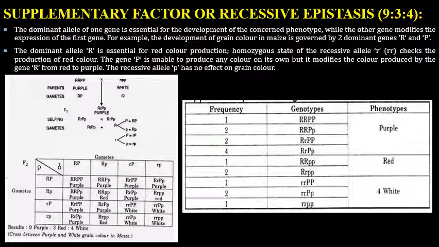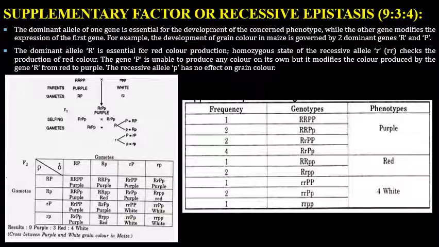The dominant allele of one gene is essential for the development of the concerned phenotype, while the other gene modifies the expression of the first gene. The example is the development of grain color in maize, which is governed by two dominant genes, capital R and capital P.